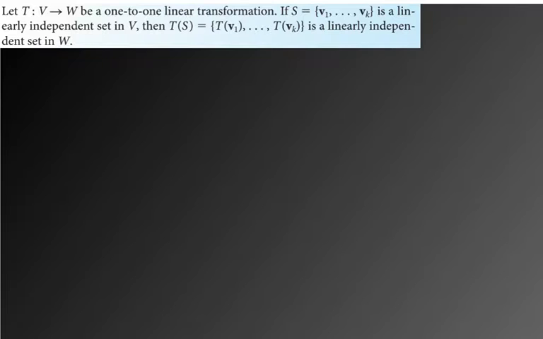So I'm getting close to the point where I can really argue that a basis goes to a basis, which is a super important thing to know in linear algebra.